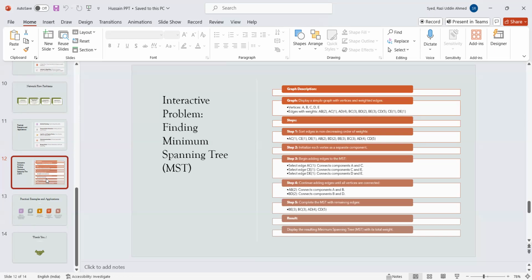Then we initialize components, starting with each vertex as its own component. Then we add edges, adding the smallest edges that don't create cycles. Then complete the MST: continue adding edges until all vertices are connected. For example, starting with the edges sorted by weight, AC 1, CE 1, DE 1, etc., and add edges.